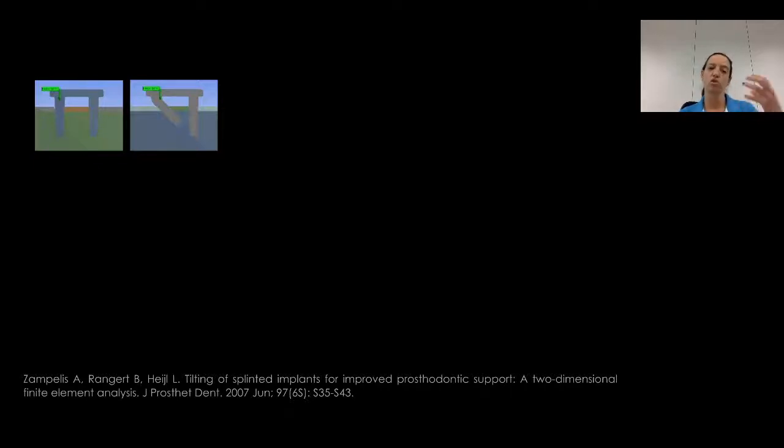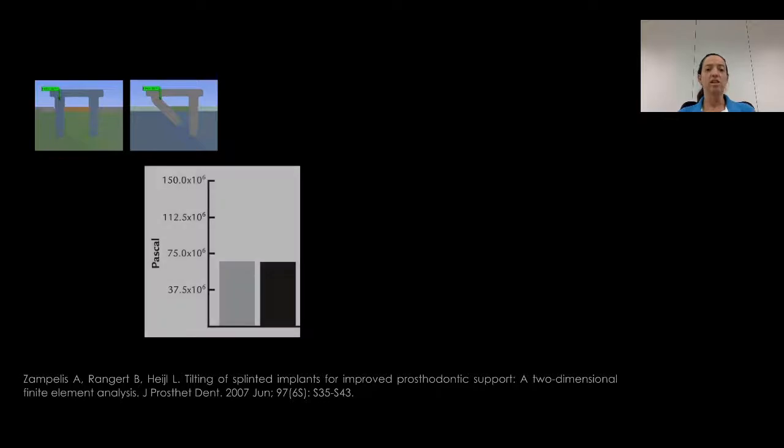When the forces were produced on the last implant, he looked at the impact it had on the stress produced around the last implant. We can see that whether the implant is straight or tilted, if we apply the same force on the structure, the stress felt around the implant will be the same.